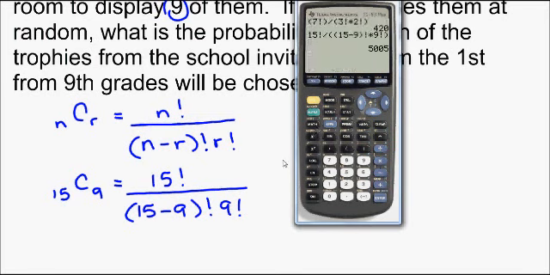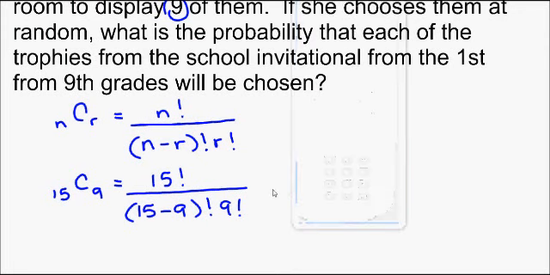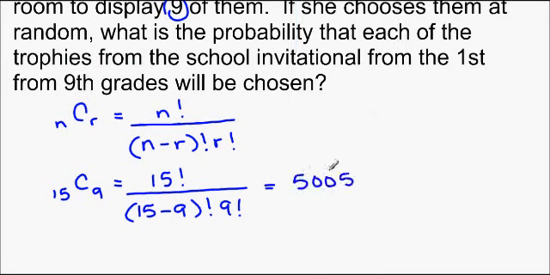And that gives us 5,005, which means that there are 5,005 different ways that she could choose 9 out of 15. So that many different combinations. But the odds that those specific ones will be chosen, well, the odds for that are 1 out of 5,005.